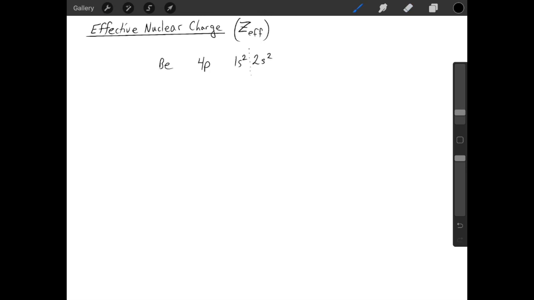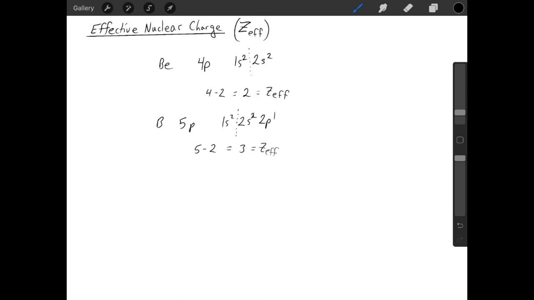Beryllium has 4 protons and it has 2 screening electrons, 2 inner core electrons, and that means that its valence electrons experience a 4 minus 2 Z effective. And if we move to boron with its 5 electrons, we see a similar thing happen. Boron has 5 protons and it has 2 screening electrons.